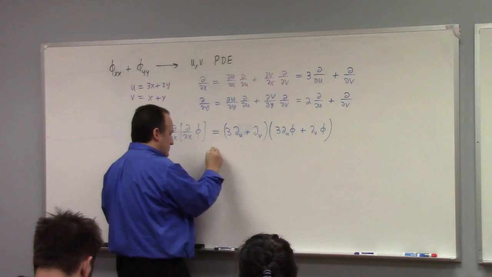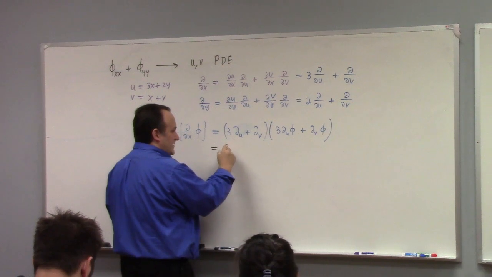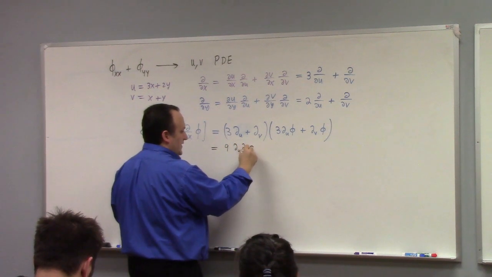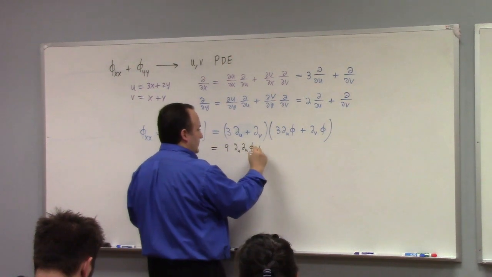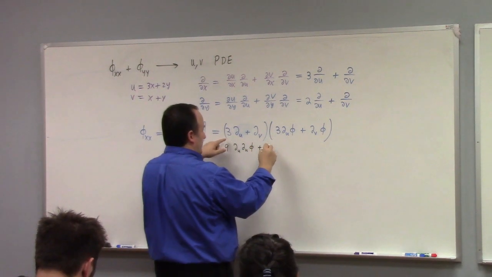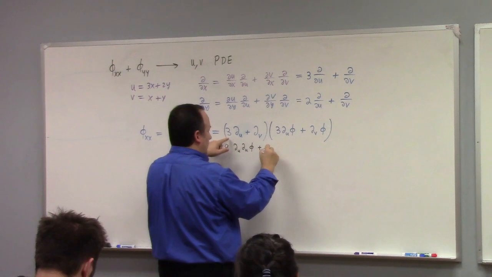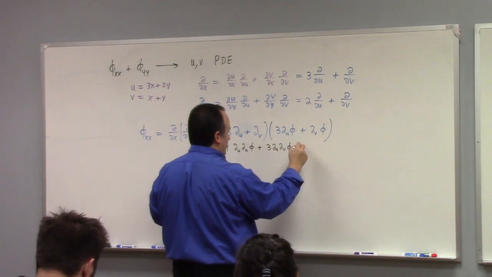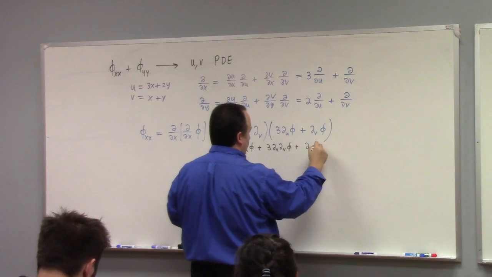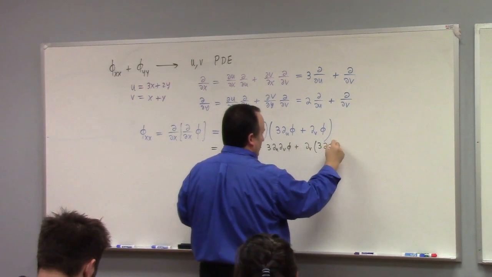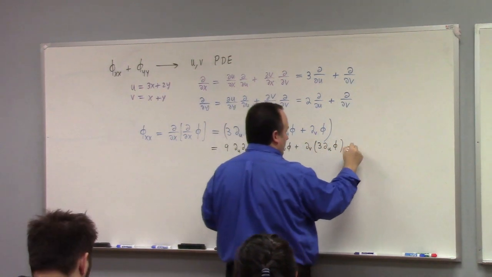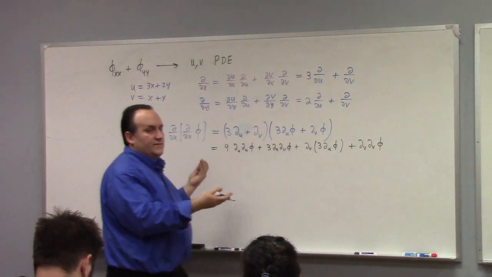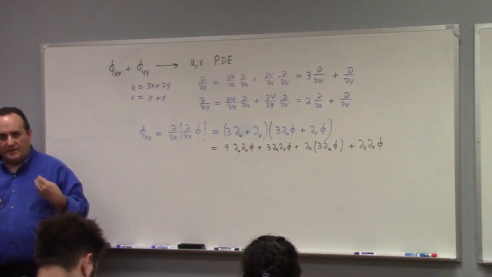I mean, this is literally 9 partial u phi plus, let's see here, 3 partial u partial v phi plus partial v of 3 partial u phi plus partial v. See, constant coefficient partial derivatives behave just like polynomials.